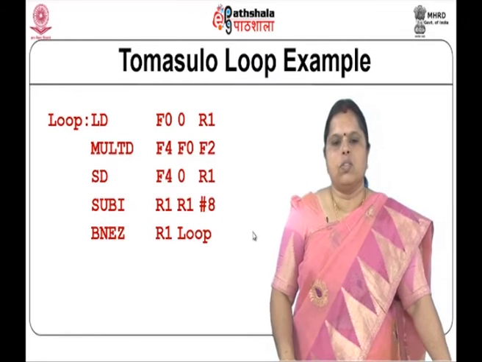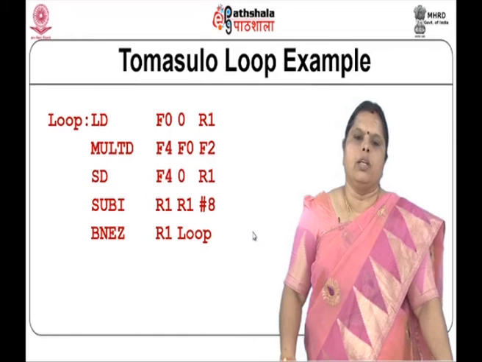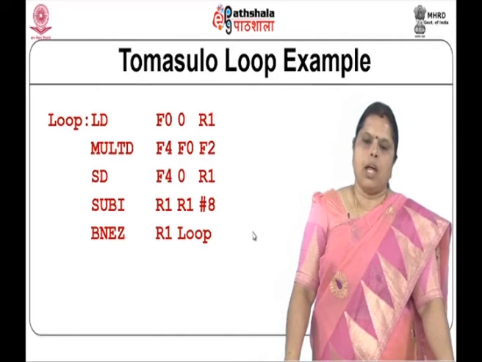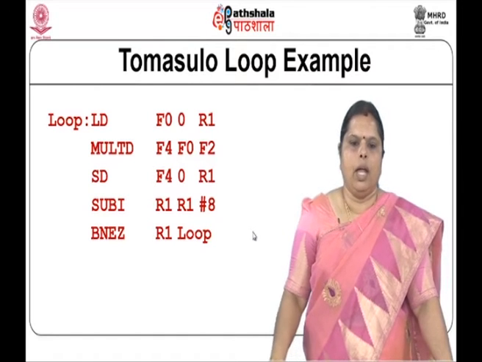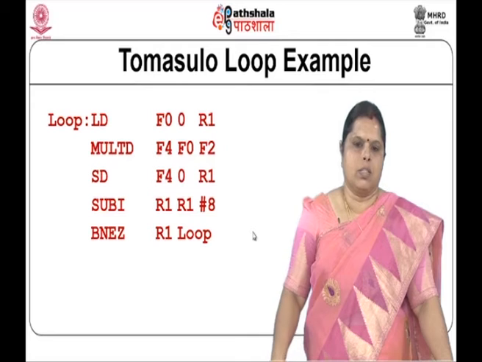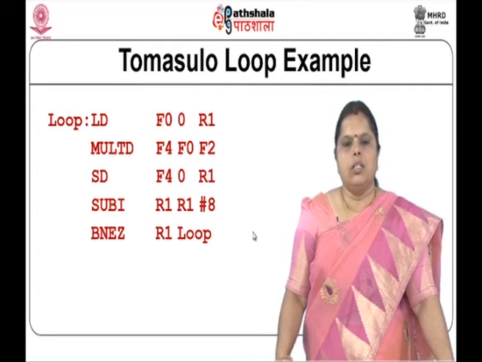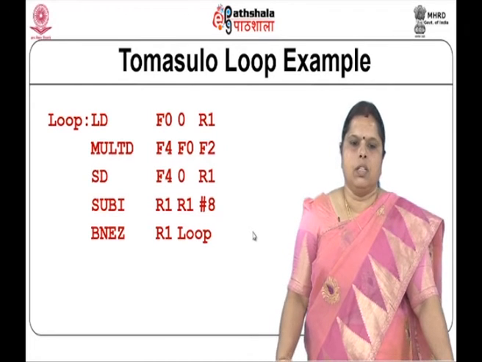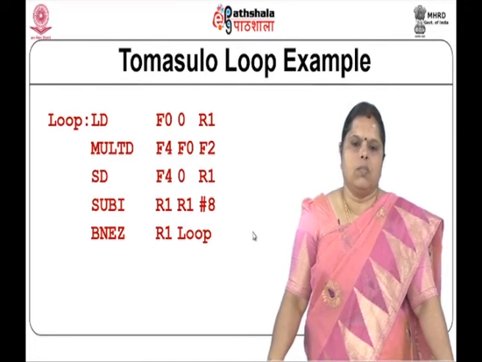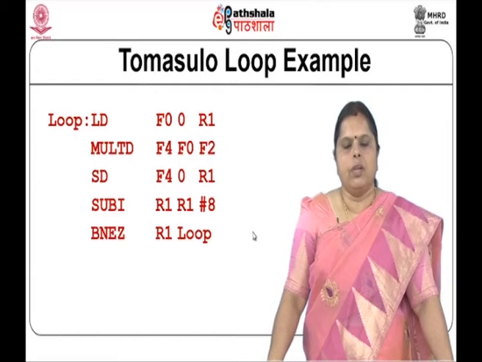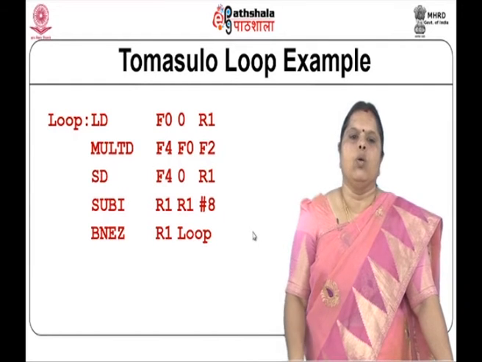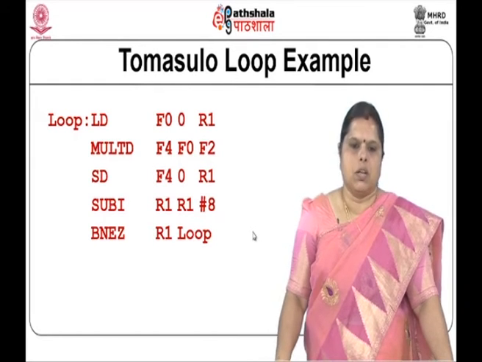And the last 2 instructions are basically the loop maintenance code, where you subtract 8 from the register contents of R1, so that it points to the next data in memory, and the branch instruction checks whether register R1 has reached a value of 0 or not. If it has not reached 0, it will go back to the loop and keep executing the instructions again.